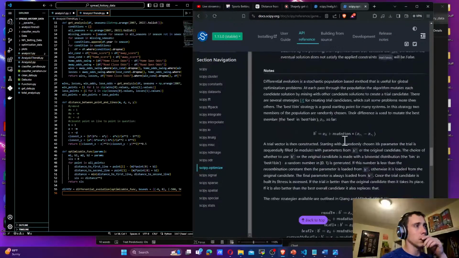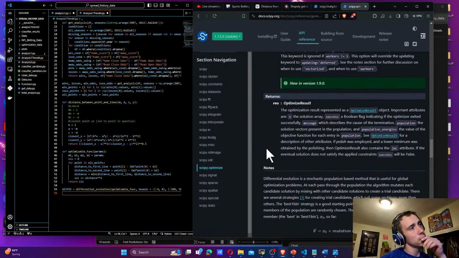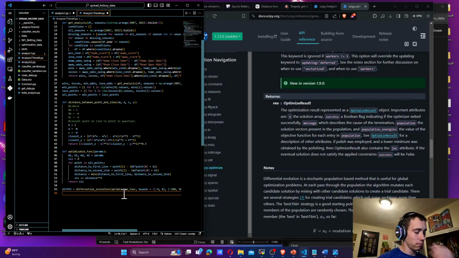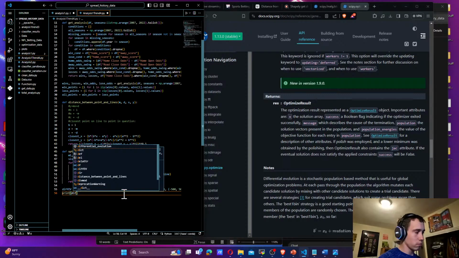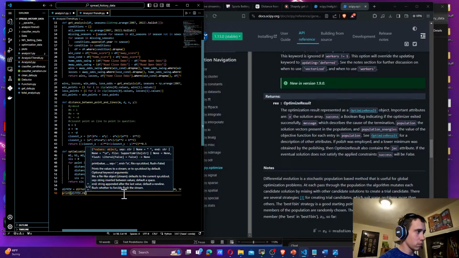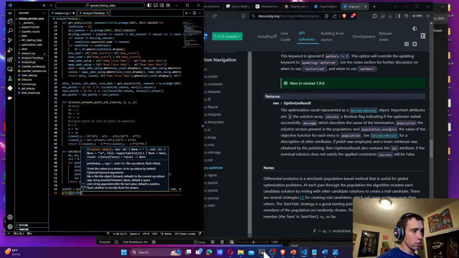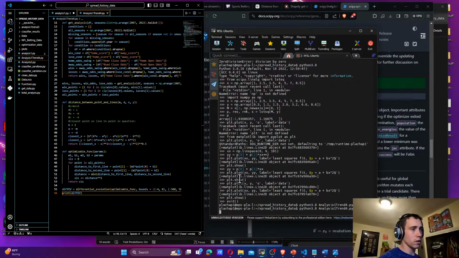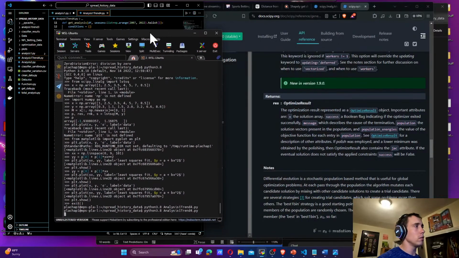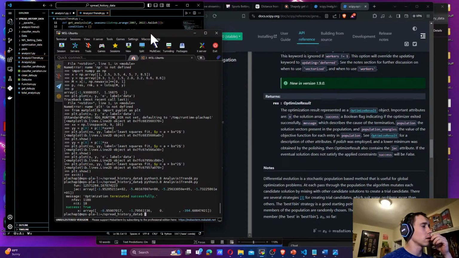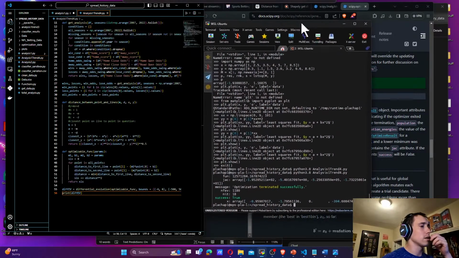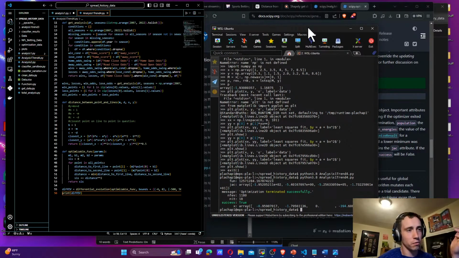Print diffy. Well, that's interesting. So the second line had a slope of 0.